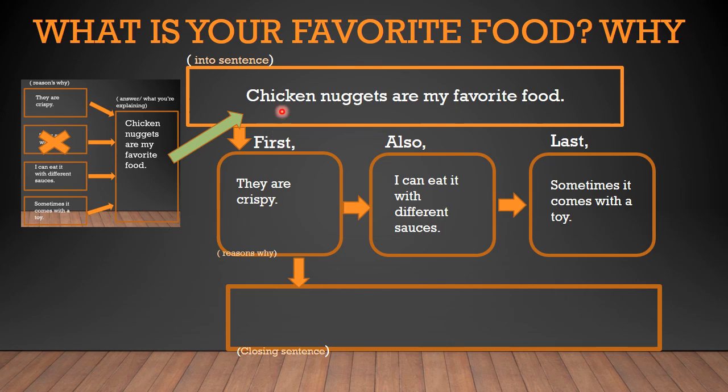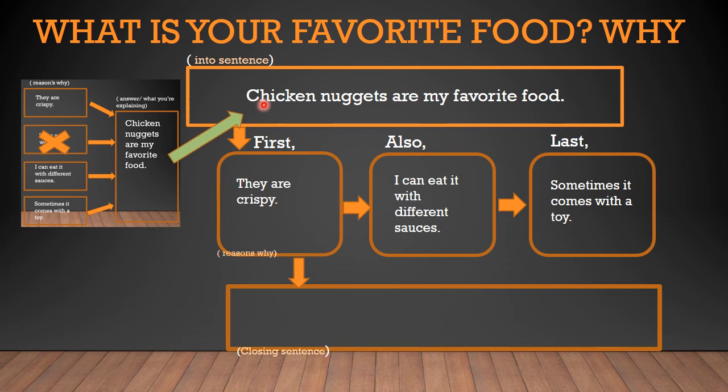So our closing sentence has to still be on topic. It has to still be about your favorite food. So for my sentence, it's still going to be about chicken nuggets. I am no longer giving reasons why. I'm just giving a fun fact about chicken nuggets and them and me liking the chicken nuggets.